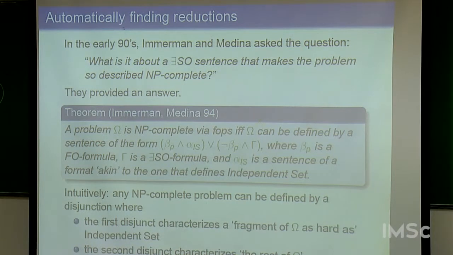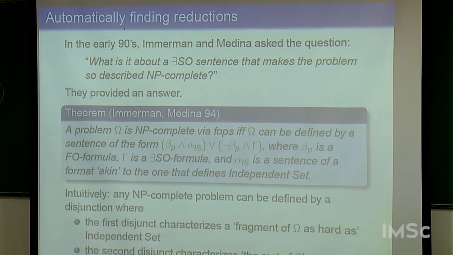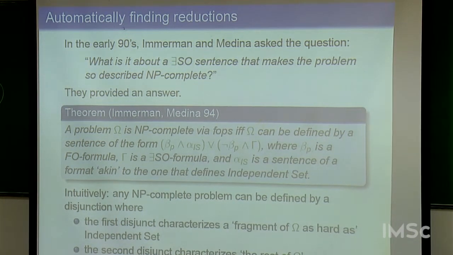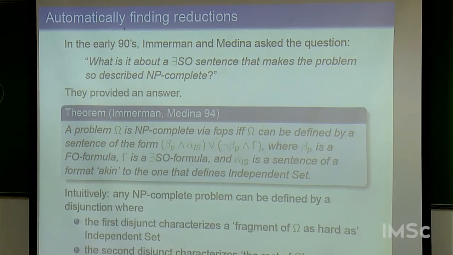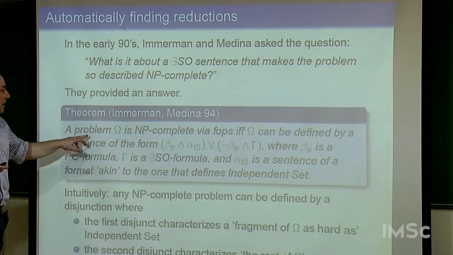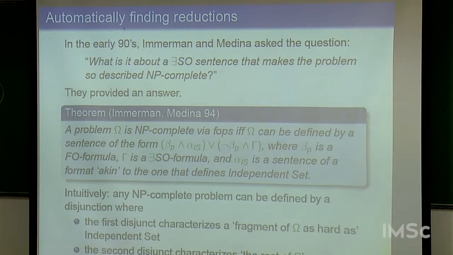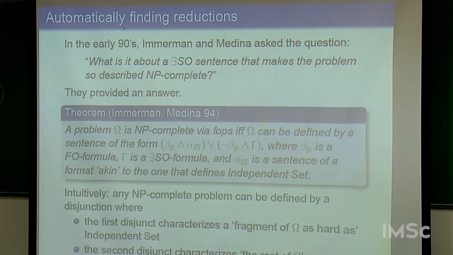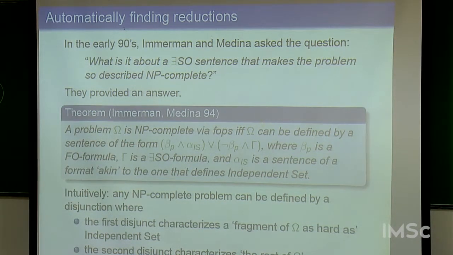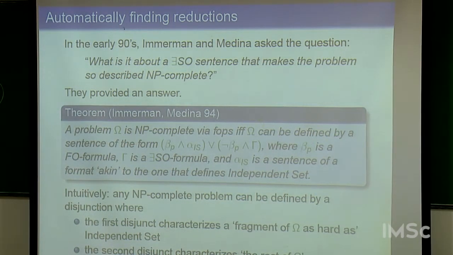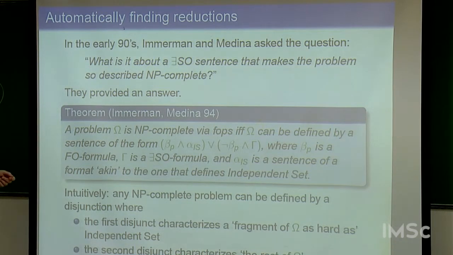And they provided an answer, not entirely satisfactory, and certainly it's difficult to ascertain their answer from what I've written here. But they proved that the problem is NP complete via first-order projections, not quantifier-free, first-order projections, if and only if the problem can be written in existential second-order logic, then this is a very rough description of their normal form.